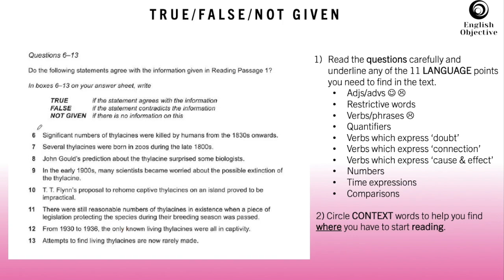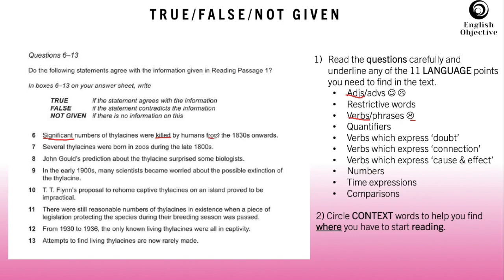If I have a look at number 6, it says significant numbers. Significant is an adjective. Killed is a verb with negative connotation, by humans from the 1830s onwards.